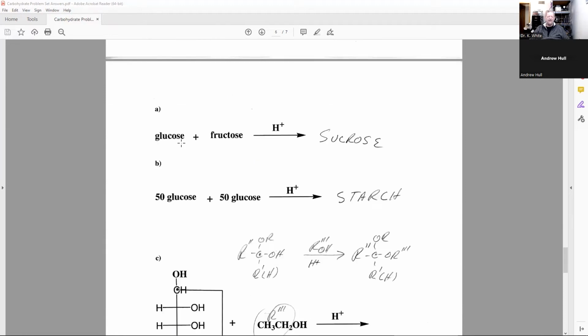All right, A, glucose and fructose, acid, what you get comes together to make sucrose, table sugar. A lot of glucose reacting with a lot of glucose, acid catalyst, you will get starch.